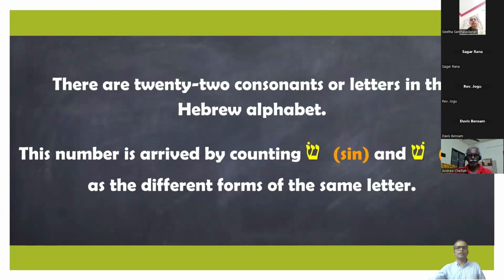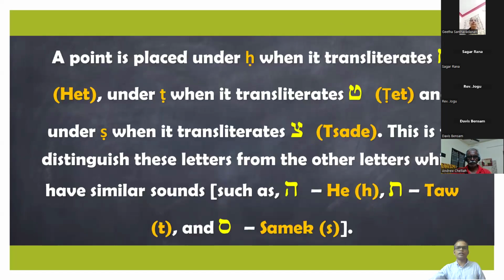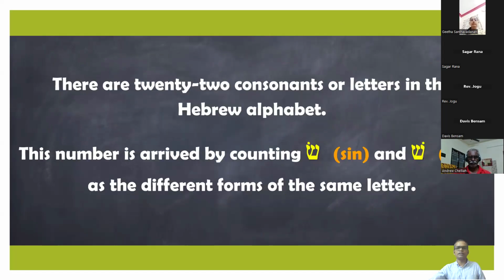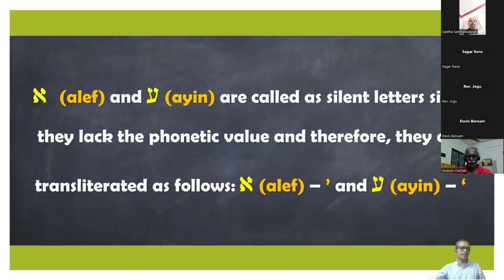So once again, to brush up what we have learned, the Hebrew letters are written from right to left. There are 22 letters. Sin and Shin are two variants of the same form. There is no capital or small letter, no running letter, no cursive writing.